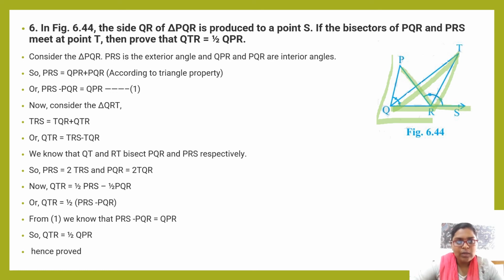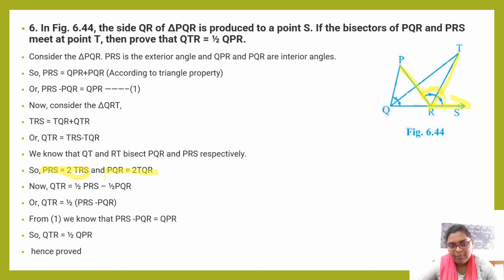Okay? So now I already told the bisector will bisect the angle into two equal halves. So here what I am writing, PRS, the whole angle, is equal to 2 into TRS. Okay? Next. So PQR is equal to 2 into TQR.